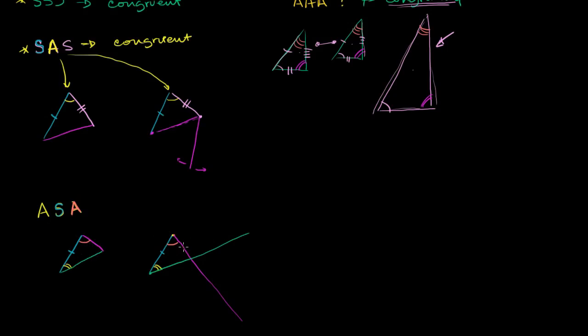So this side will have to be the same as that side, and this would have to be the same as that side. Once again, this isn't a proof. I'd call it more of an investigation, really just to establish reasonable baselines or postulates that we can have. So for my purposes, I think ASA does show us that two triangles are congruent.